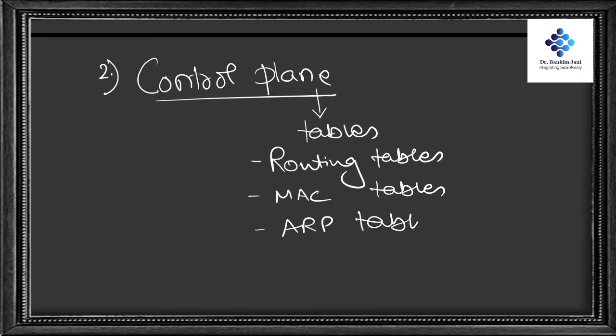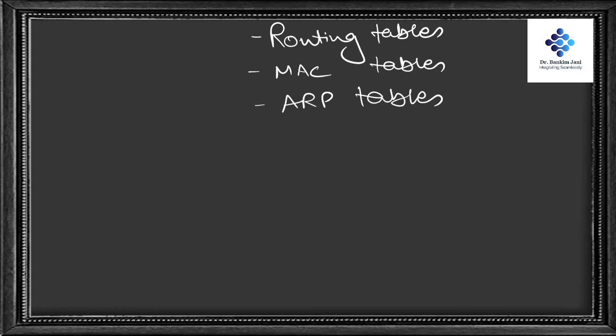One interesting thing is that here we are not talking about layer 2 or layer 3. We are just talking about a device, whether router or switch, whatever function it is doing, it is doing two things. One, it is making those tables. If it is a router, it is making a routing table. If it is a switch, it is making the MAC table.